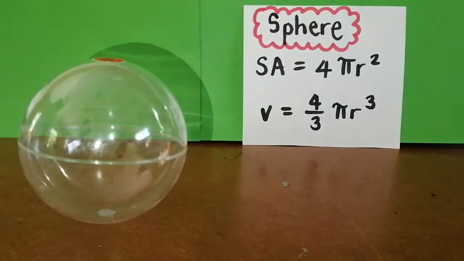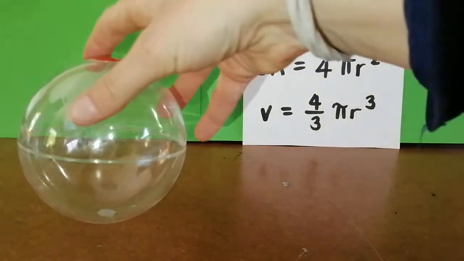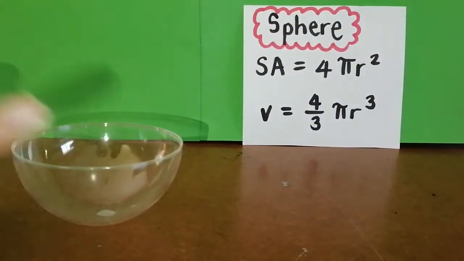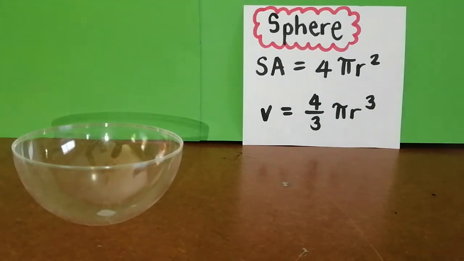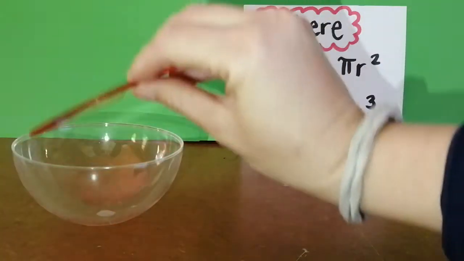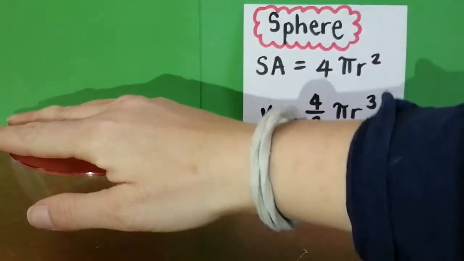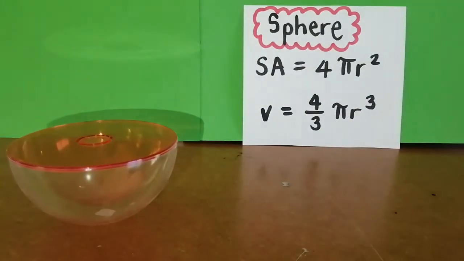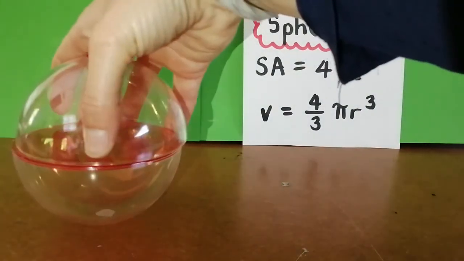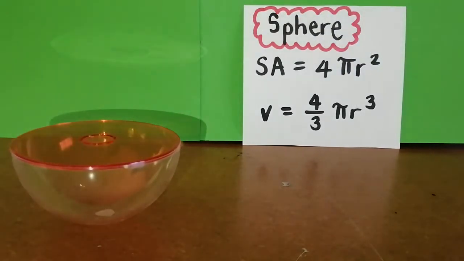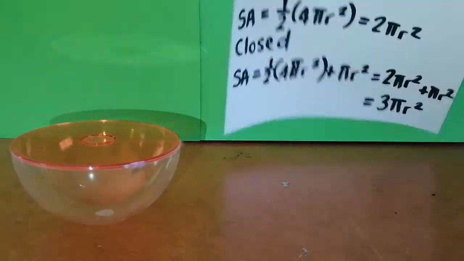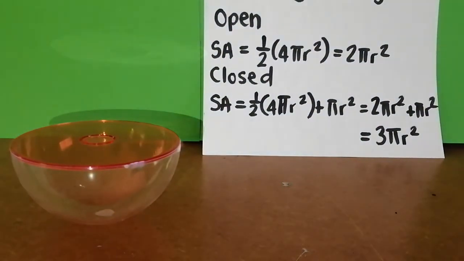The other thing we have, if we cut the sphere in half, is something we call a hemisphere. Now I'm just going to stick a lid on this. This is called a closed hemisphere. You saw I had this on the top and I took off half of my sphere. And now we have in front of us a hemisphere.